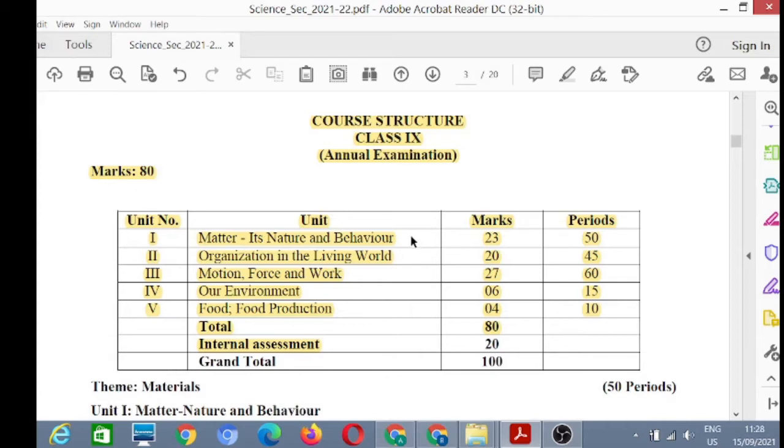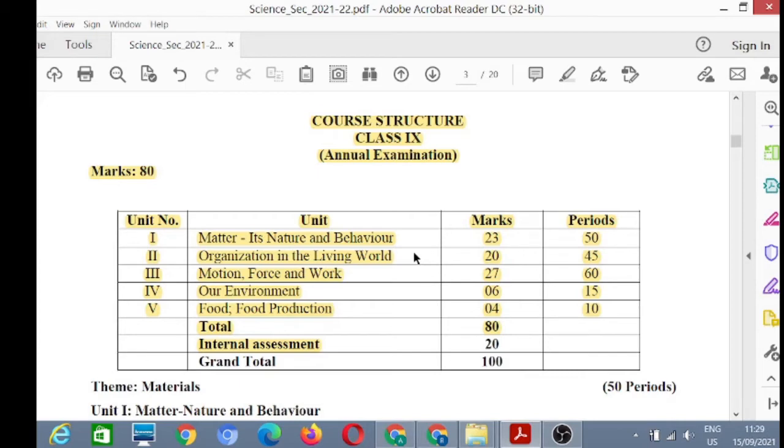pattern of the syllabus. So the whole syllabus has been divided into 5 units and marks allocated to each unit have been displayed here. As we can see, first unit is matter and 23 marks have been allocated to matter. This unit belongs to chemistry.